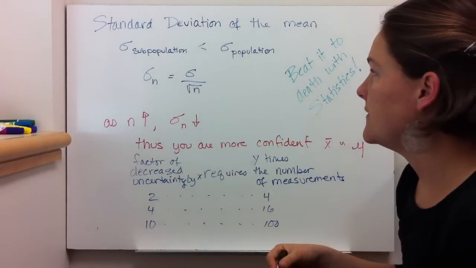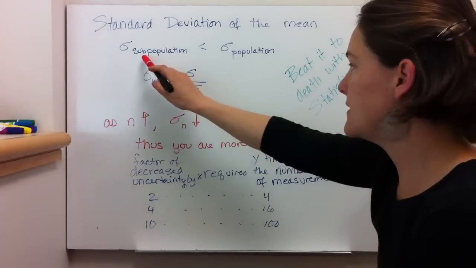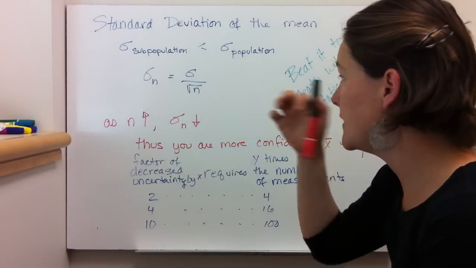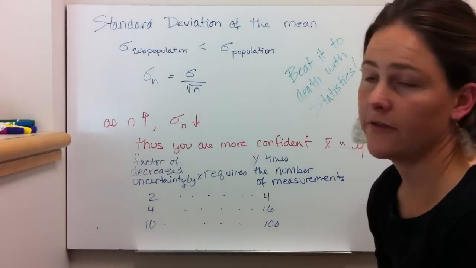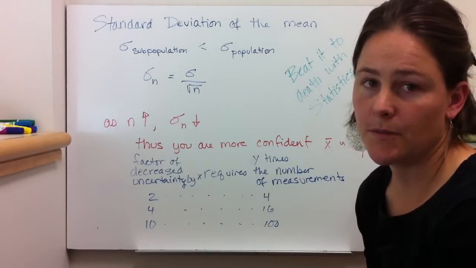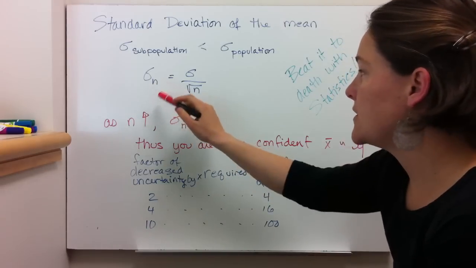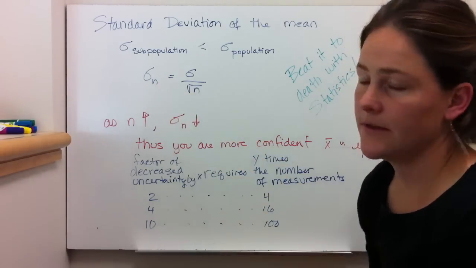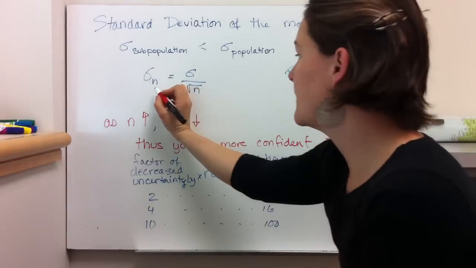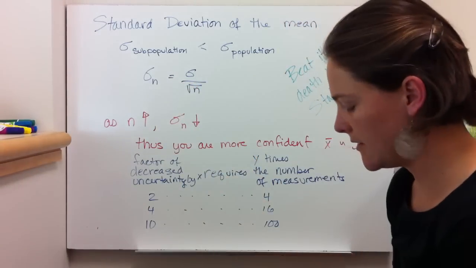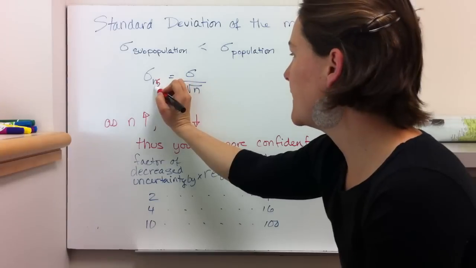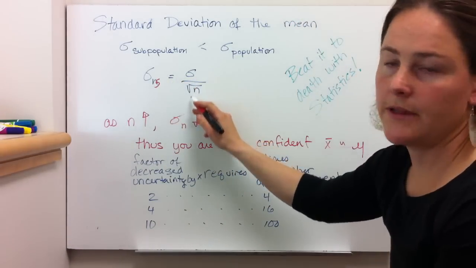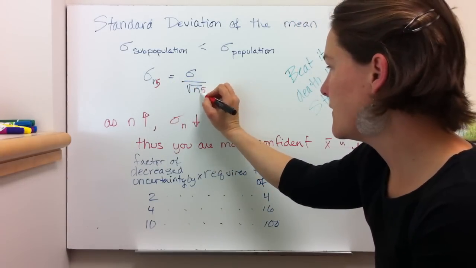Let's talk about the standard deviation from the mean. The sigma of a subpopulation is much less than the sigma of a population because you have fewer measurements. The way those two are related is that sigma n, with n equaling the number of measurements, say sigma 5, equals the sigma of the population over the square root of 5.